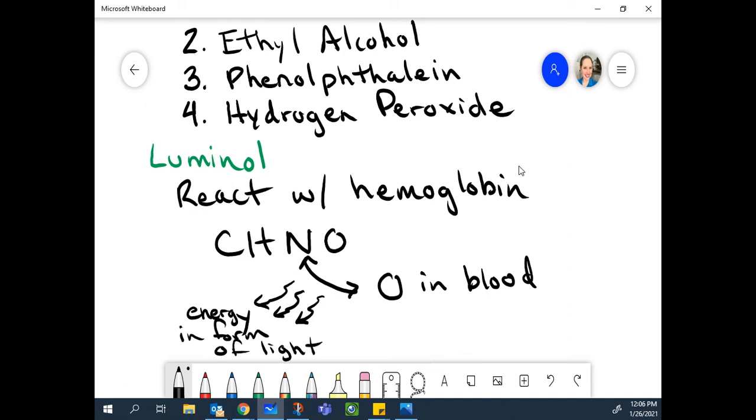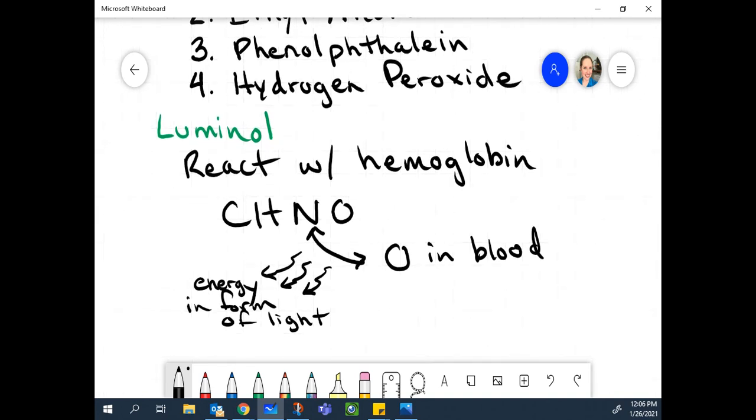So the light is given off when those swap places. As long as luminol is finding hemoglobin to switch places, it's going to keep glowing. Once the reaction is done, then the glowing is going to stop. This is a chemical reaction very similar to what happens in fireflies or lightning bugs, whatever you call it in your family. Very, very similar there.